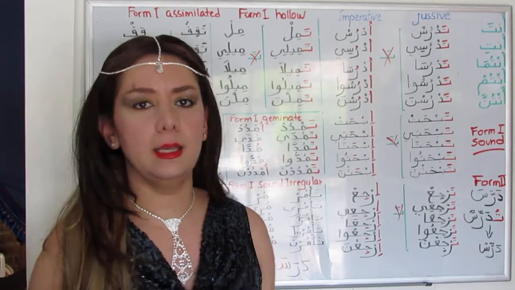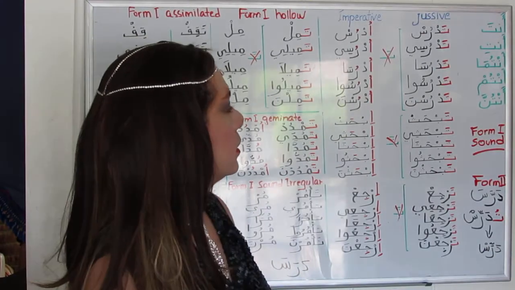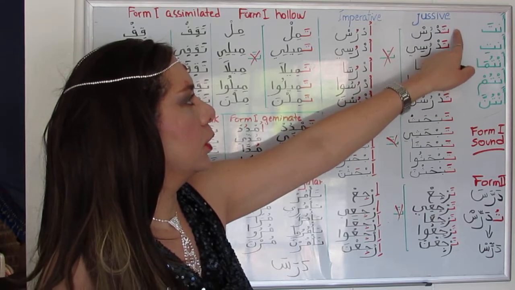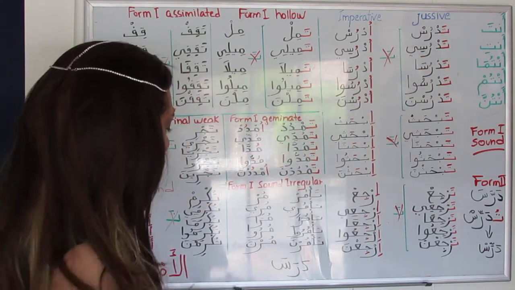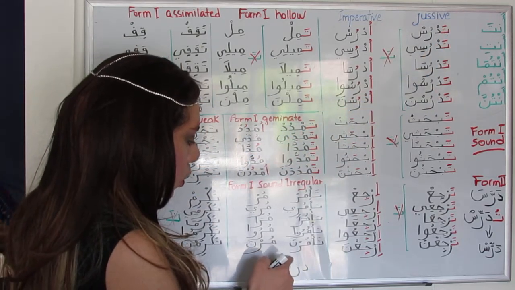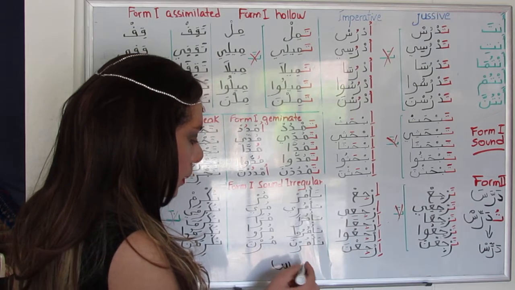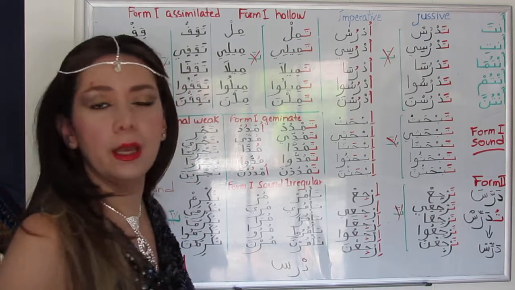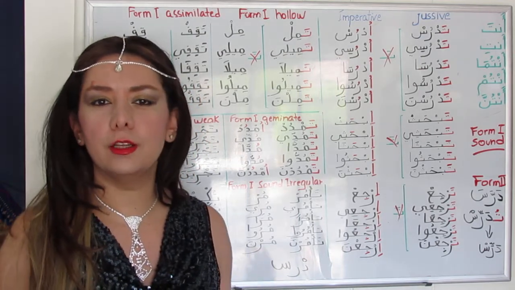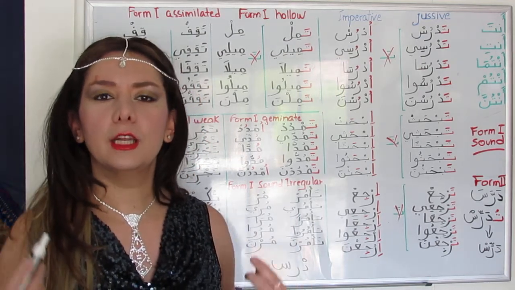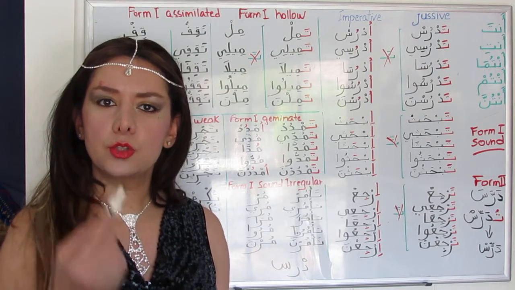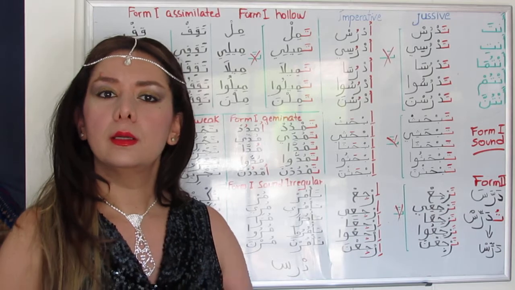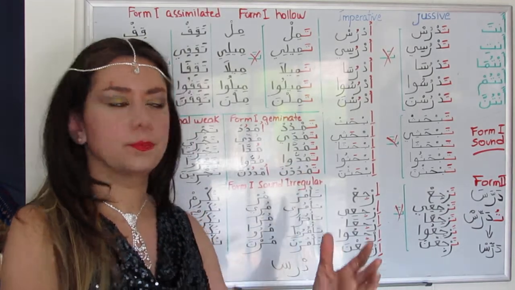But the thing is that the rest, drus, after deleting the ta, the command will start with the consonant sukun, and in Arabic this is not allowed. A word cannot start with a sukun. So what do we do? We ask for help from the hamza.